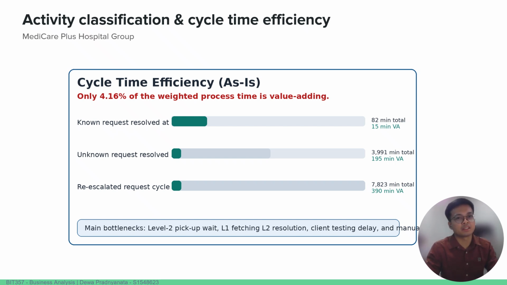Non-value adding activities are mainly waiting times. The cycle time efficiency is 159 divided by 3800 minutes, which equals about 4.16%. This means the process needs redesign because only a small part of the total time creates direct value.